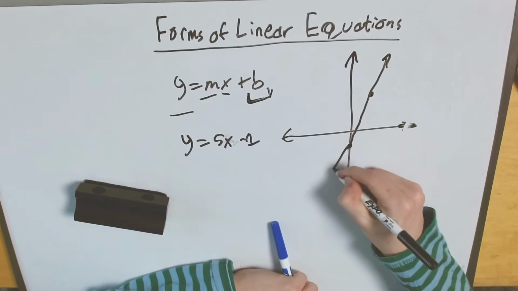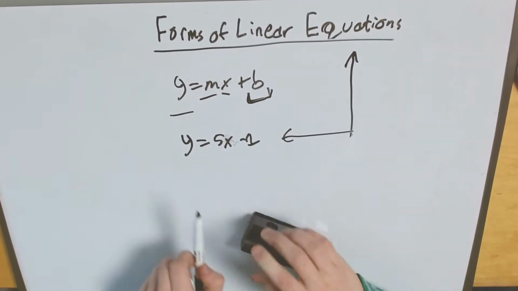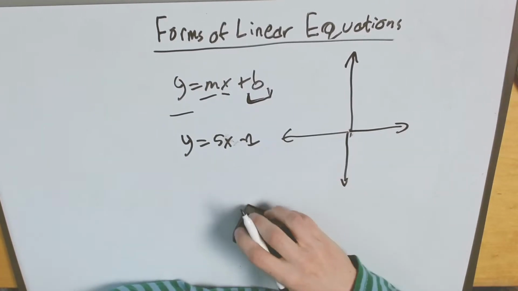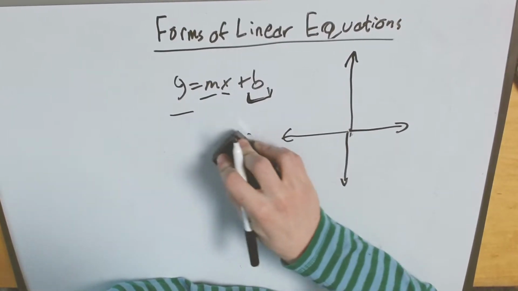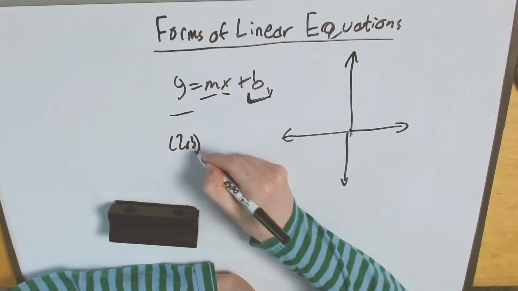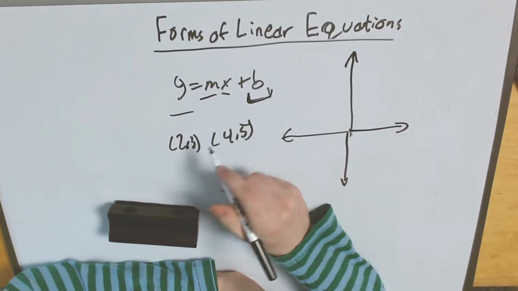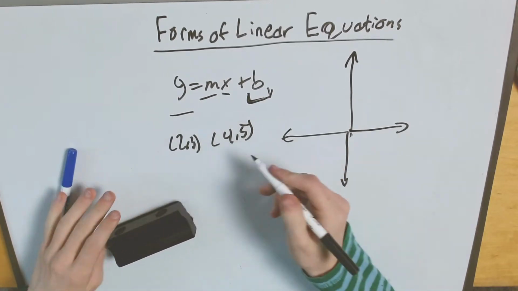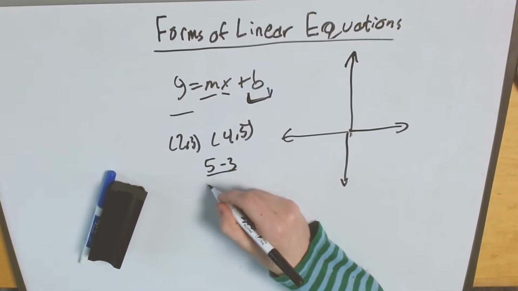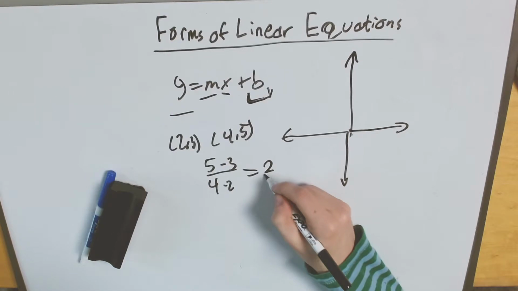This also works even if I don't know the y-intercept. If, say, I'm given 2 points, let's say (2, 3) and (4, 5), I can very quickly find the slope. The slope is rise over run, so 5 minus 3 over 4 minus 2, which is 2 over 2, or 1.